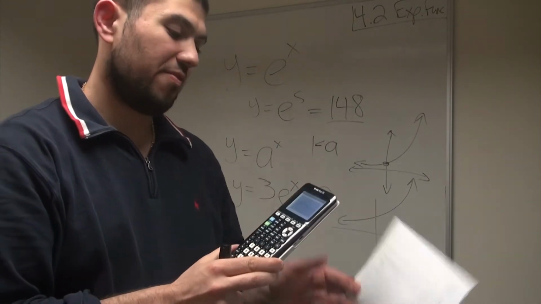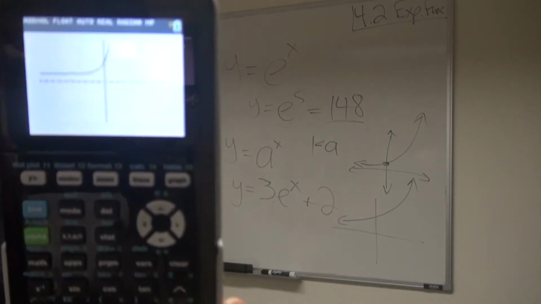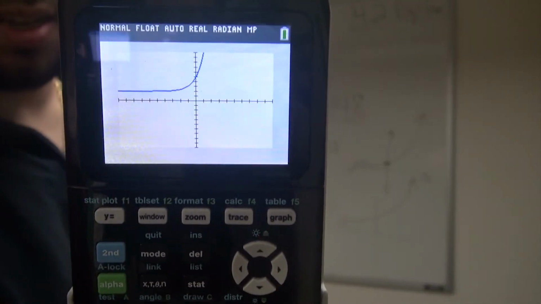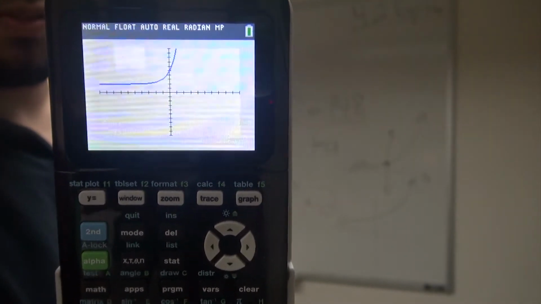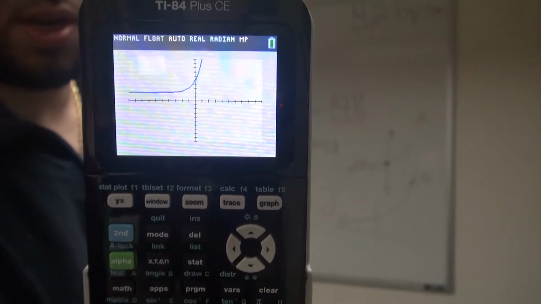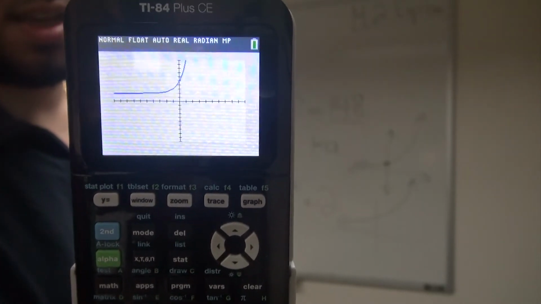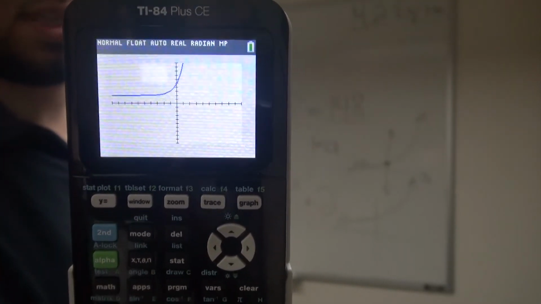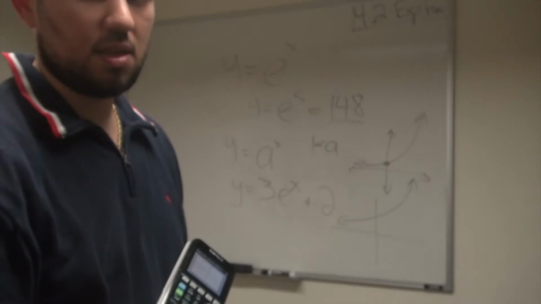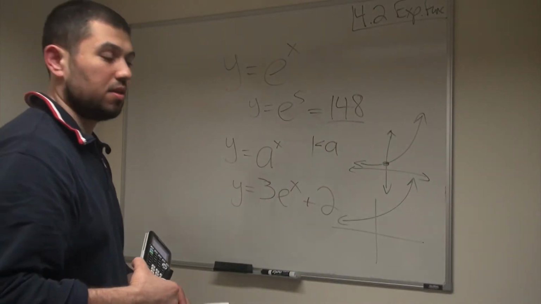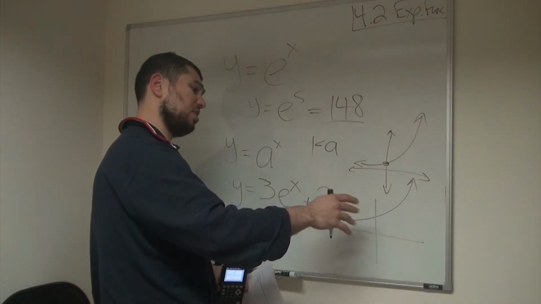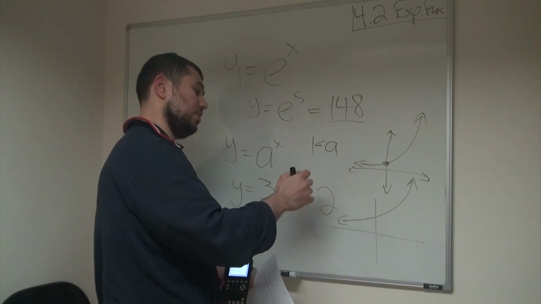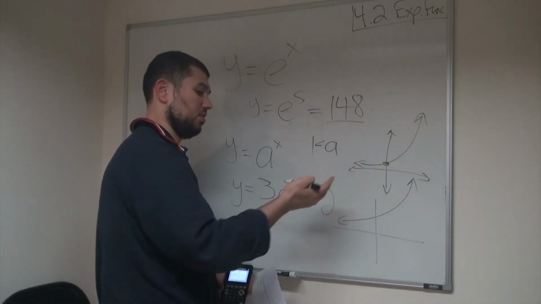And now that I graph it, you can see as the calculator is graphing it out what the function will look like from a standard window. X is negative 10 to positive 10, y is negative 10 to positive 10. So that's what we're looking at here, a standard function that is being stretched out and then we're adding 2.